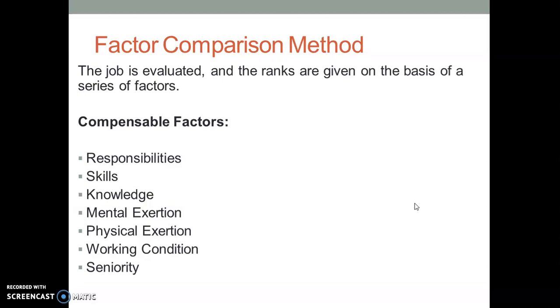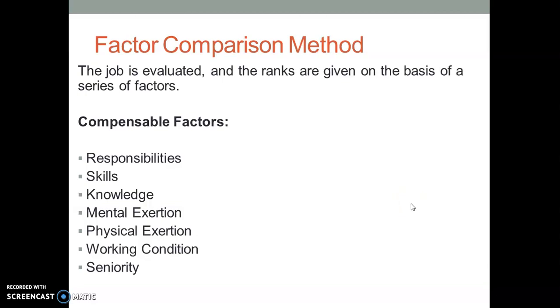So the skill set is the technical efficiency of the individual through which that person becomes an expert, has some expertise related to execution of tasks, and needs to get rewarded as a part of compensation. That's why skills are part of compensable factors.